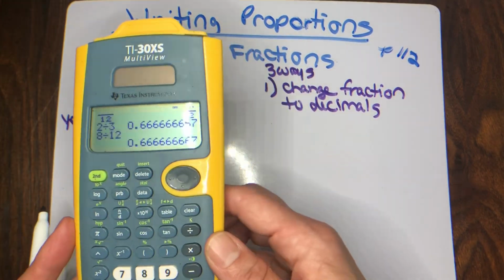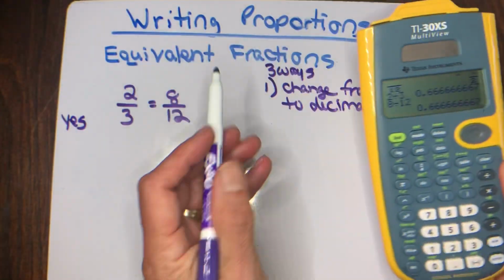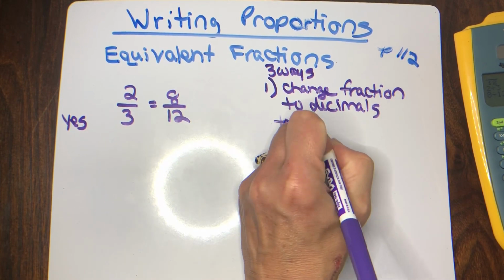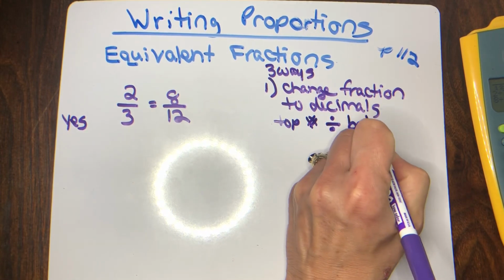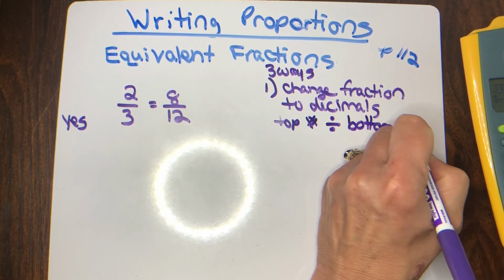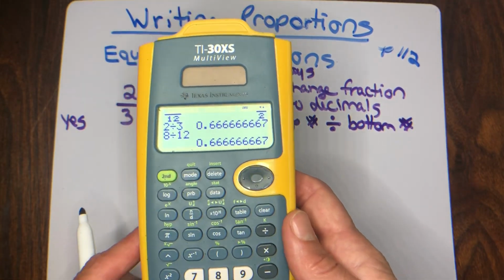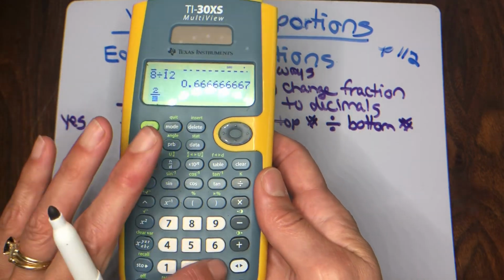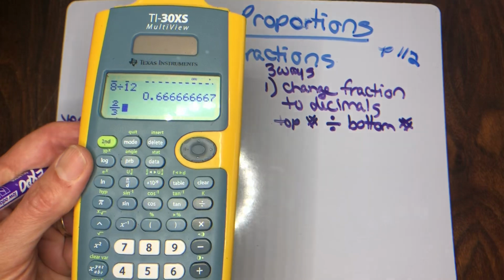All right, but I want to show you all the ways you can change these to decimals. One of the easiest ways is to take your top number, which is of course the numerator, and divide it by the bottom number, the denominator. But let's just explore your calculator, because it does lots of cool things. Let's go ahead and put in 2/3 as a fraction, and I'm going to scoot my cursor over just so it's a whole fraction.